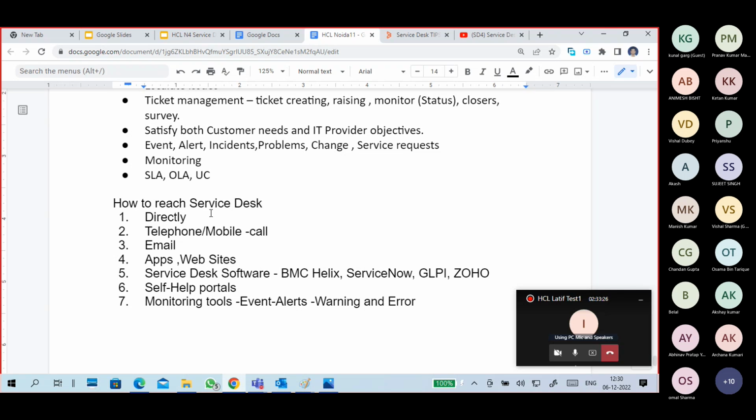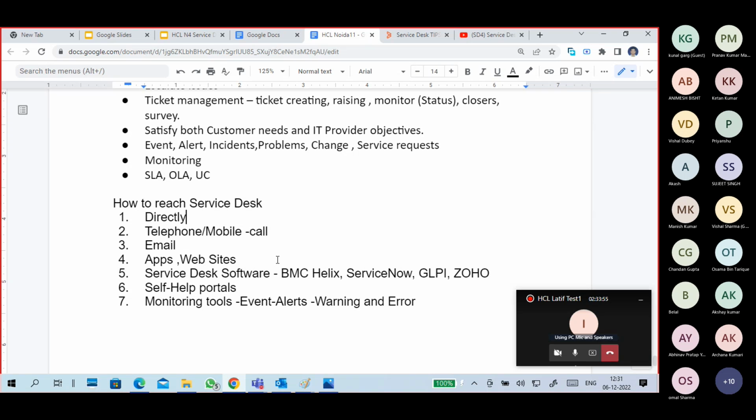Then there are apps and websites, certain software applications. For example, there is the Amazon app. If I get an issue with Amazon, I will report it through the Amazon app, and they will resolve my issue. There is also the Amazon website, through which I can contact them.